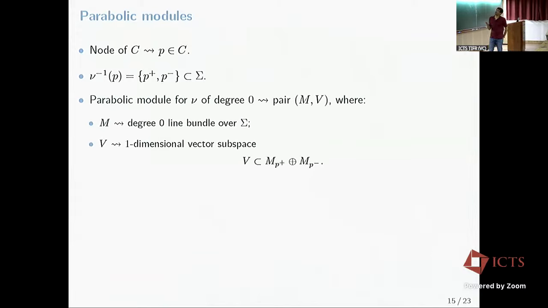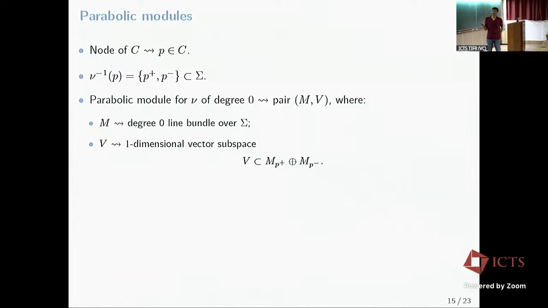And a parabolic module for this normalization is simply a pair (M, V), where M is a degree 0 line bundle on the smooth curve, and V is a one-dimensional subspace of the fibers of M over the two points over the node, okay?